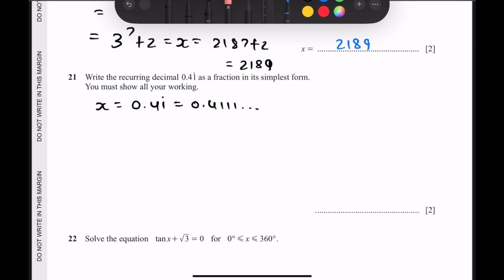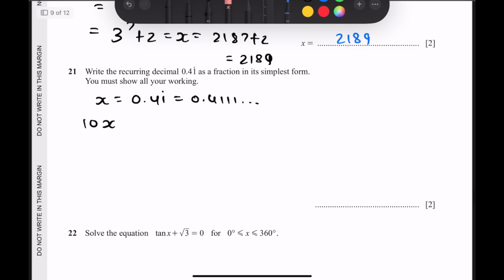Now, if x is equal to 0.4111 and so on, 10x would be equal to 4.111 and so on, since it's equal to 10 times 0.4111 and so on. The 4 gets moved out to the left of the decimal point, and the ones get pushed up by 1 position.